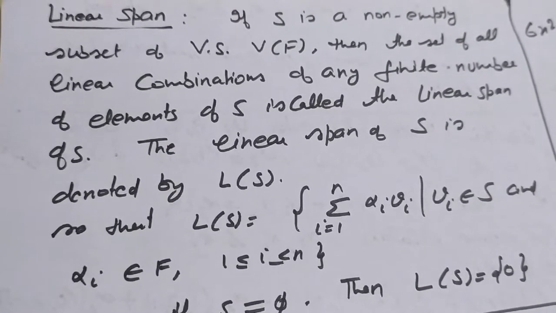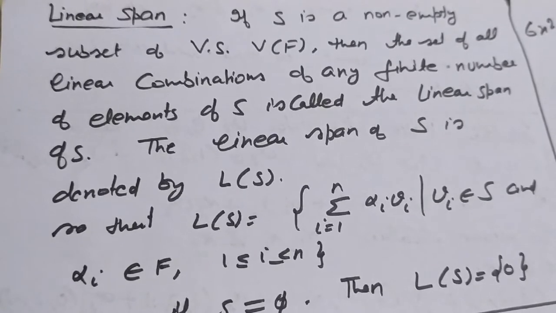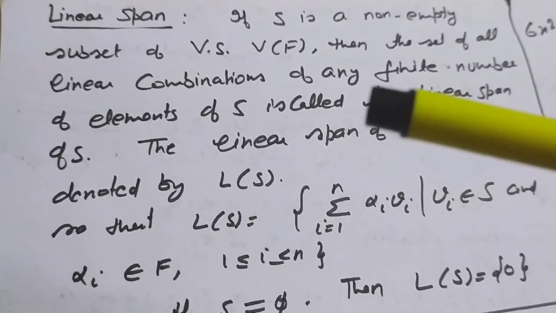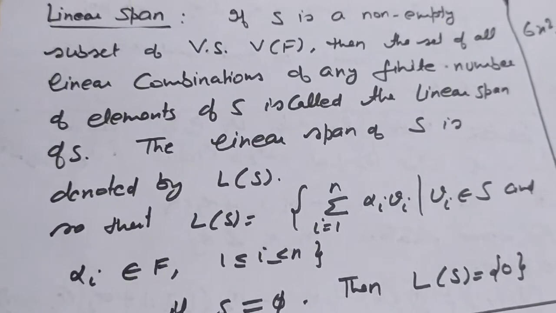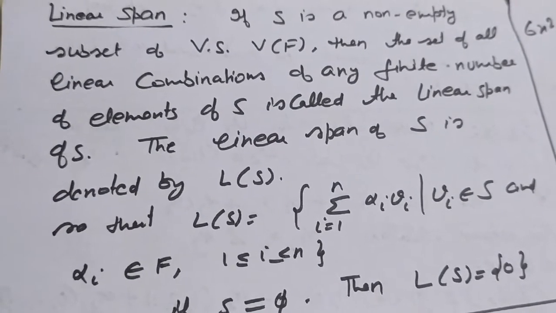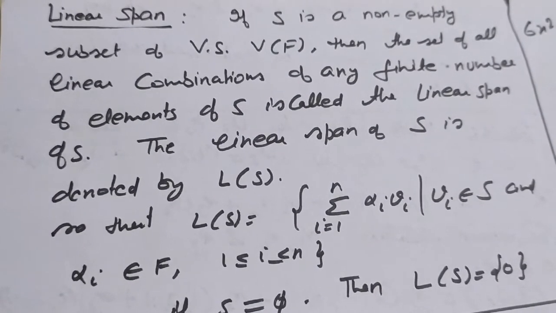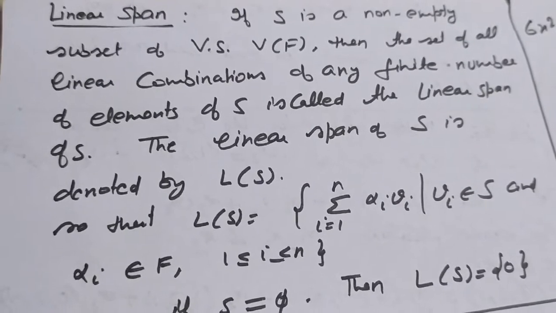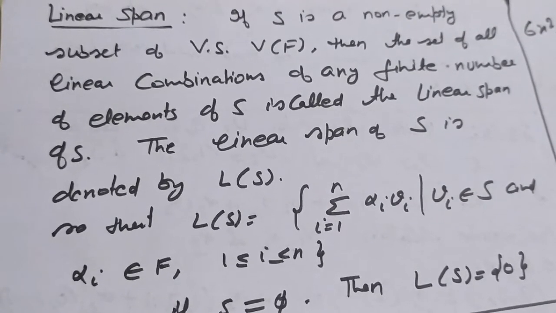So students, look, what is linear span? It is denoted by L(S), and it is also a set, which is going to be a vector space again in the incoming lecture.